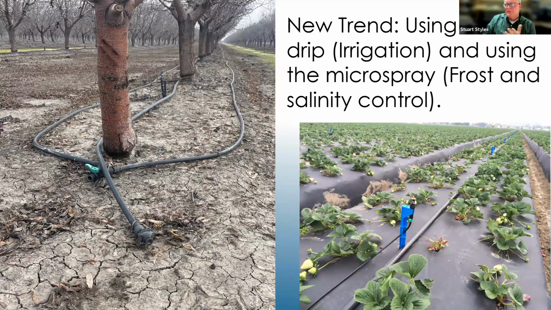And I know that all reflects a lot of cost, and I'm not being flippant about saying, well, we ought to put more lines out there. But I know what I see when I'm driving out in different parts of California and talking to growers. There's this definite trend to do multiple purposes with the designs. And the one thing I'll say about that, you've got to be really careful with your designer.